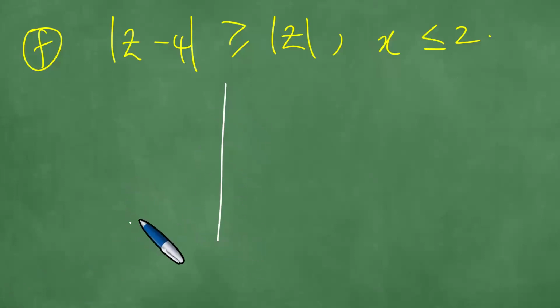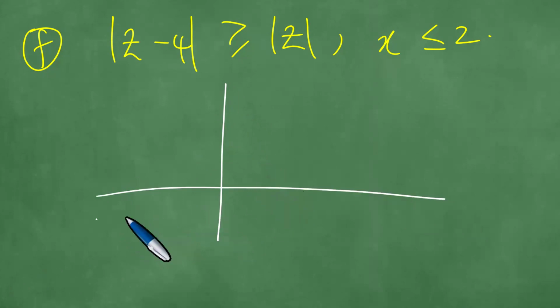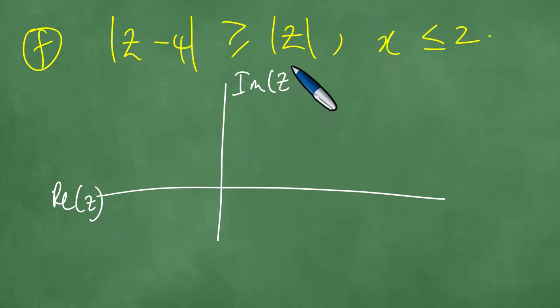Now we have the description. This one is real z, this one is imaginary z. And therefore, you take an arbitrary point, the distance here, and the distance here.